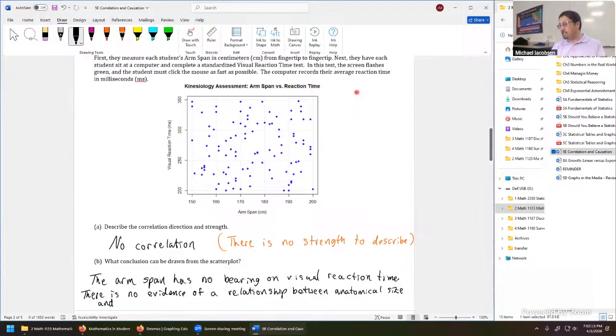I'll abbreviate that to processing speed, in these data.